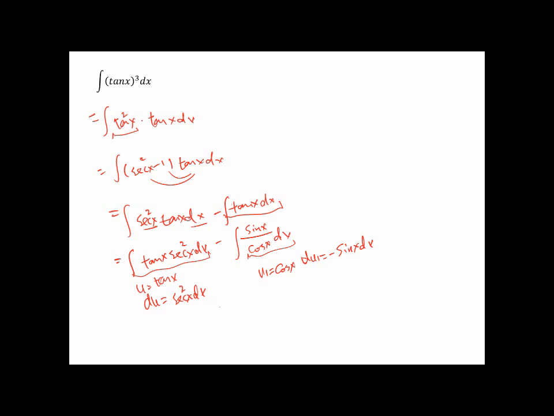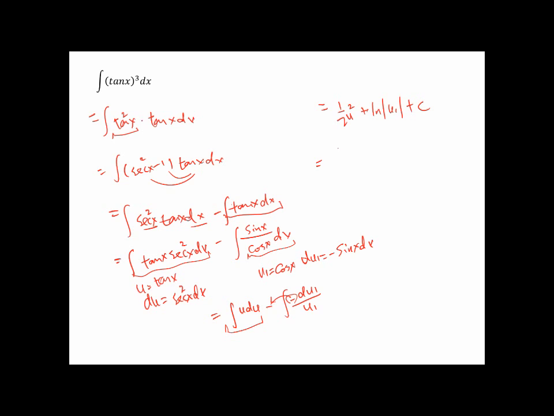Plug in. This goes to the integral of u du minus the integral of negative du1 over u1. I can take the negative sign out. So I write here 1/2 u squared, this is the first part, plus natural log absolute value of u1, plus c.